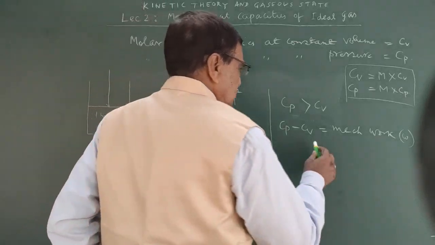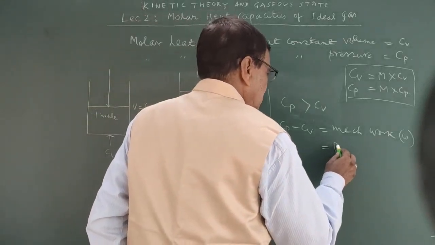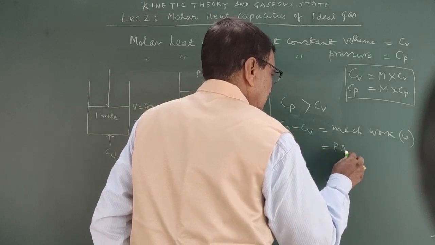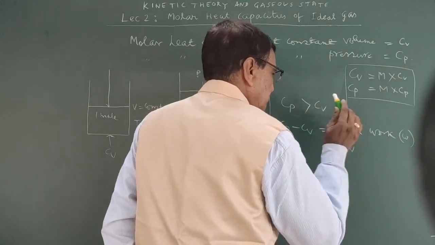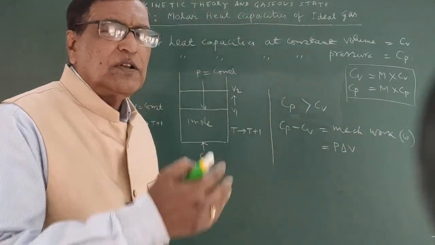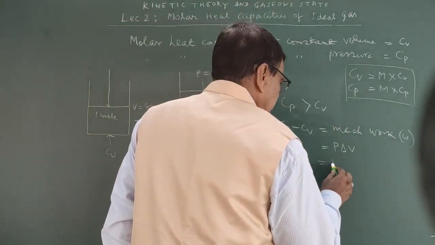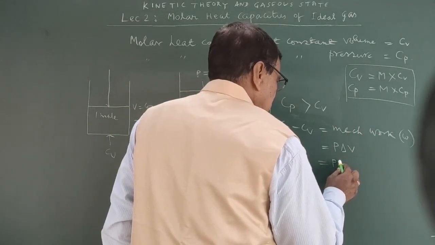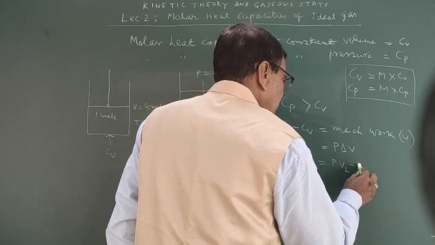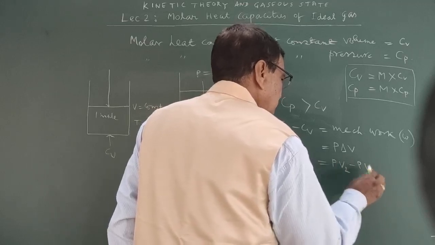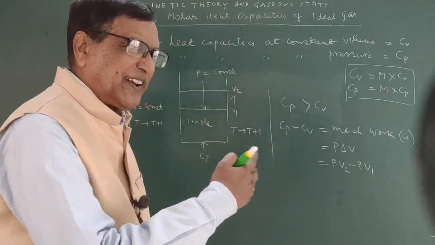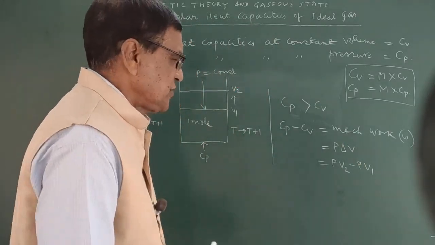And this could be written as P into the volume change, or you can write P V2 minus P V1. V2 is the final volume, V1 is the initial volume.